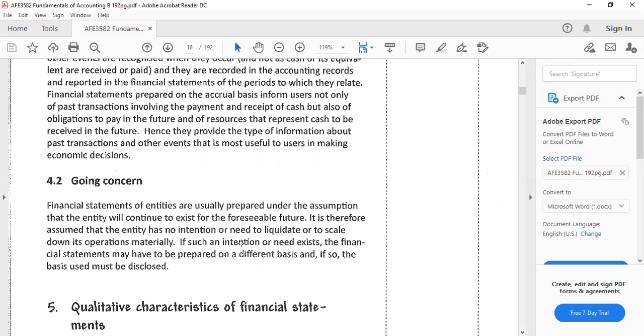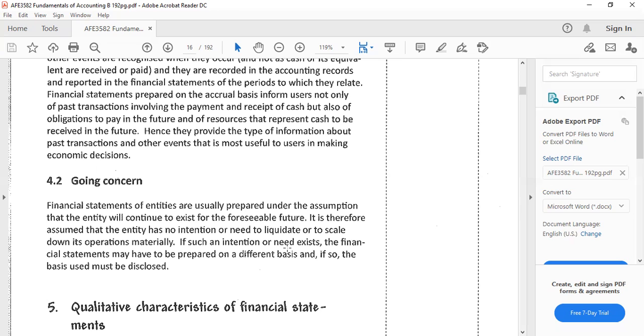So if such an intention or need exists, the financial statements may have to be prepared on a different basis. So if they come to a point where they want to sell off their businesses, then their financial statements will be prepared with a different basis and no more a going concern.